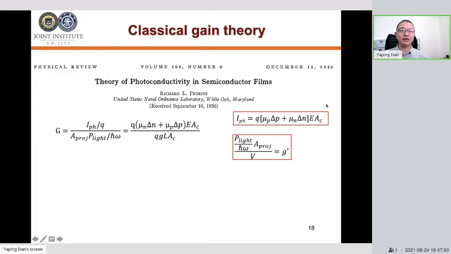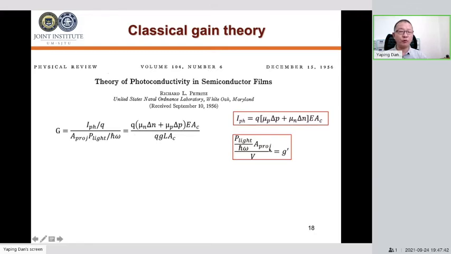Now let's come to the classical gain theory for photoconductors, which was first derived in 1956. The definition is as follows: the gain G, like a quantum efficiency, is equal to the total number of charges collected by the electrodes from the photocarriers, divided by the total number of photons absorbed or incident on the semiconductor.